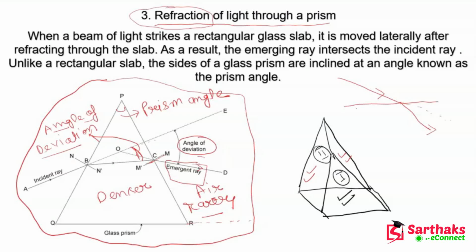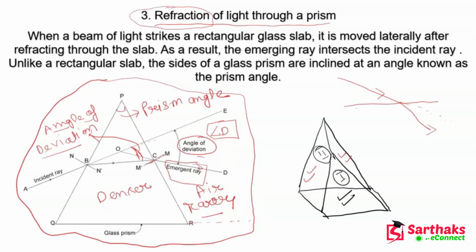This angle of deviation is denoted by D. I hope guys this is clear to you.